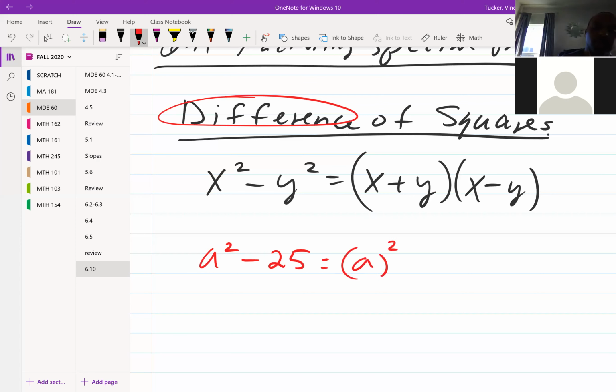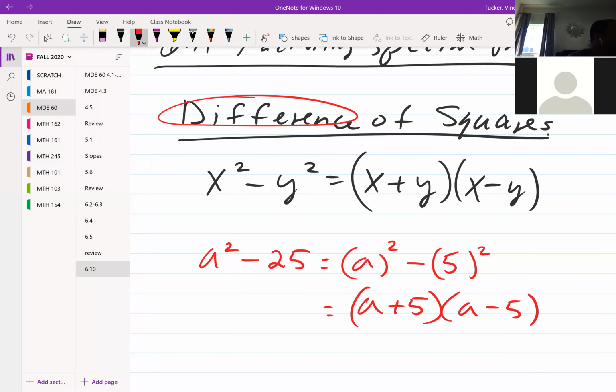A squared is just a times itself twice. 25 is 5 squared. If you have that scenario, then you take what's being squared and write it in your parentheses with a plus minus in between.